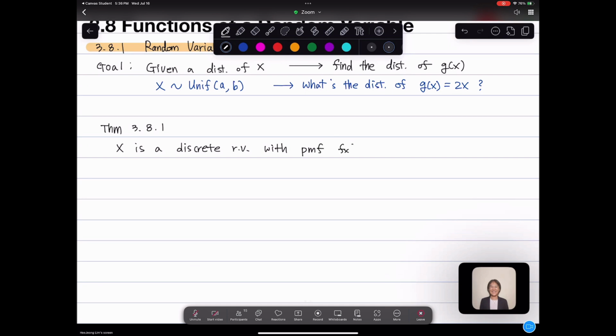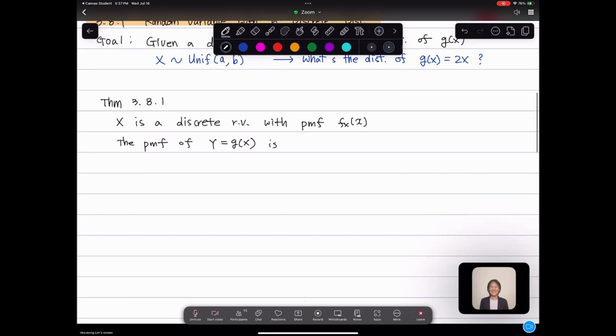We write this subscript x because this is about the x random variable. What we want is the probability mass function of some function of x. Let's call that y variable, which is some function of x, and the PMF of the function of x is f_y(y).